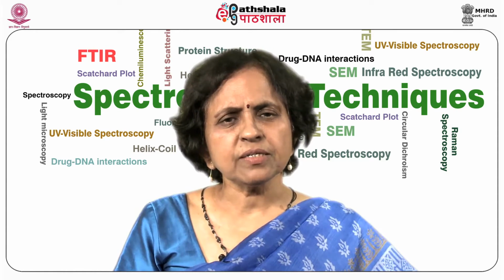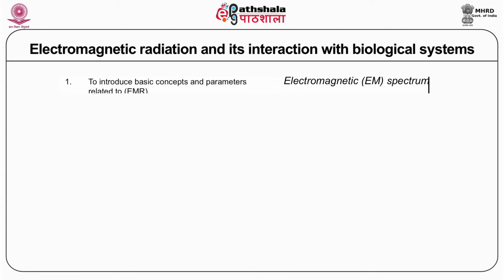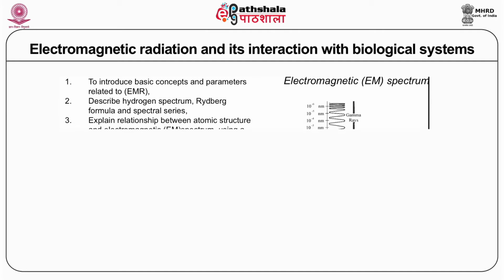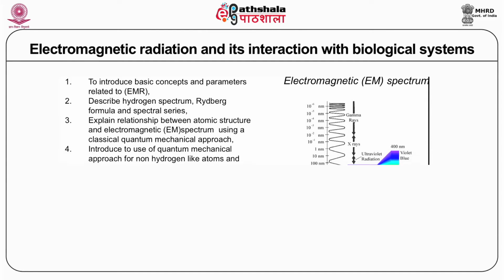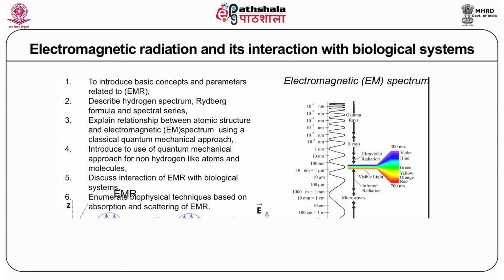Now the next one is on how electromagnetic radiation interacts with biological systems. Here I want to introduce you to the basic concepts of the parameters that are related to the EMR. You did study these things in your paper 1 and also in paper 2, which is completely devoted to quantum biophysics.